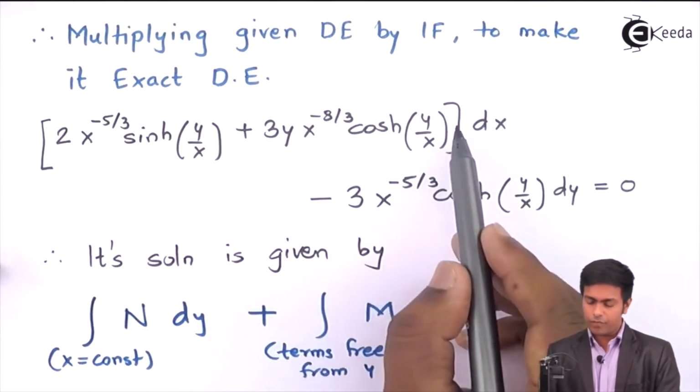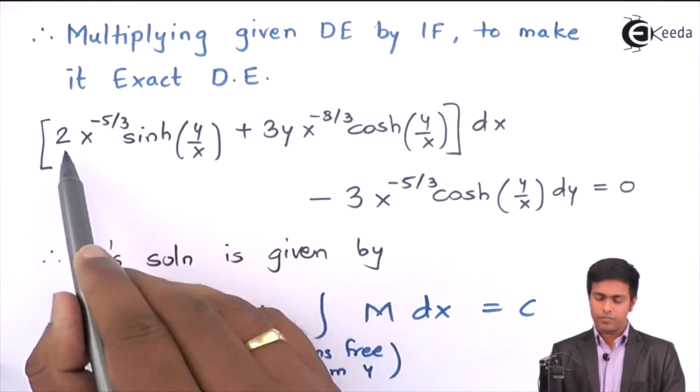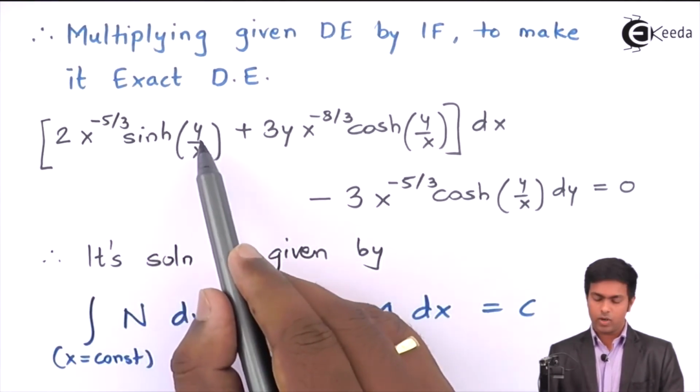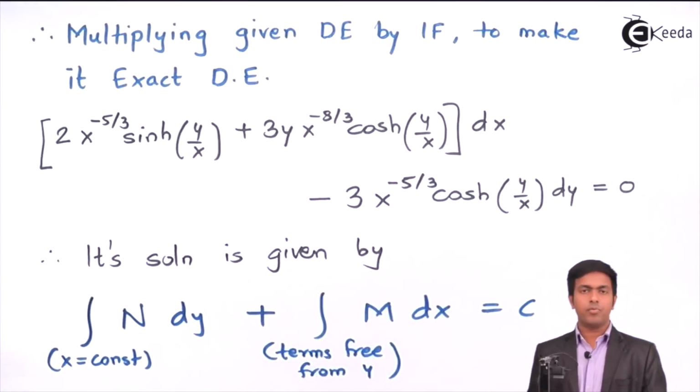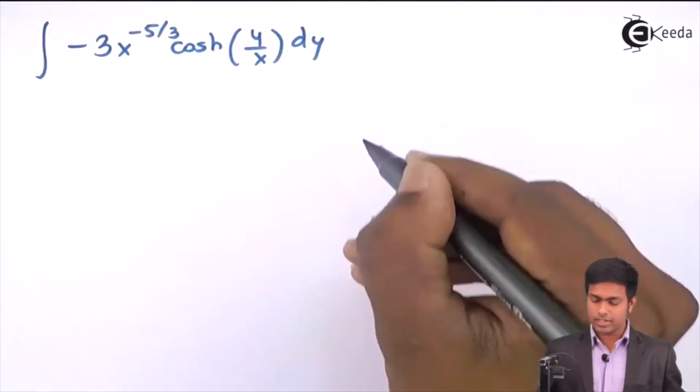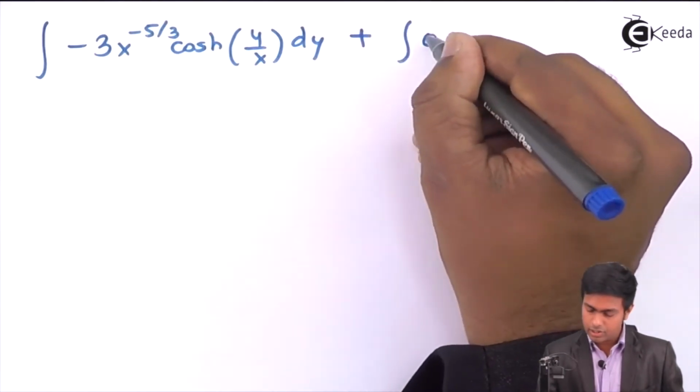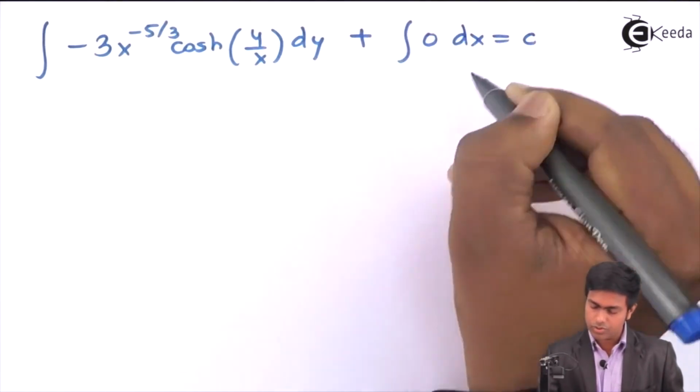So this is the value of M, and in this value of M, the first term has y as well as the second term includes y. So there is no term which is free from y. So I'll say it is plus integration of 0 dx equal to c.